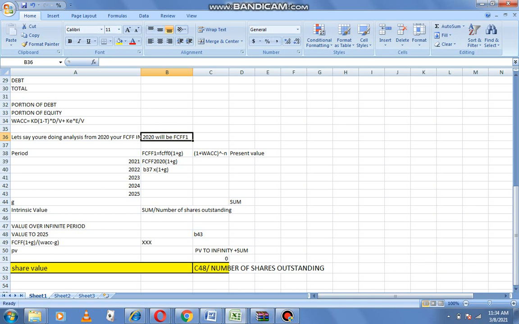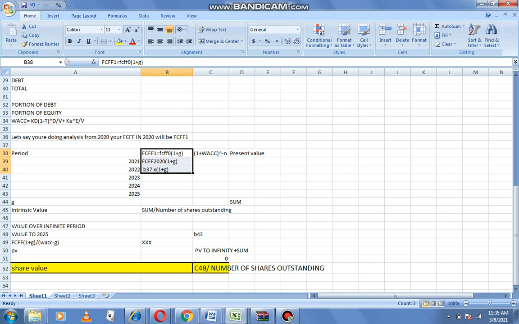The growth rate of year 1 to 5 and from year 6 to 10, and the growth rate to infinity. So here I'm just showing you a short example. Here we are at the period. So you write years from 2021 to 2025. And then you get the FCFF of year 1 equals FCFF of year 0 times 1 plus G.